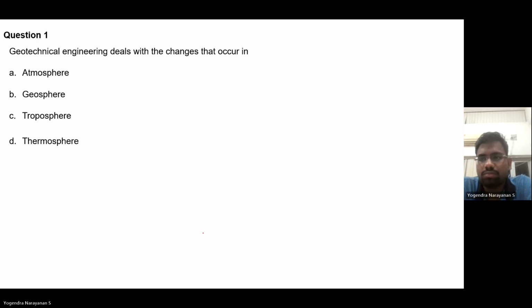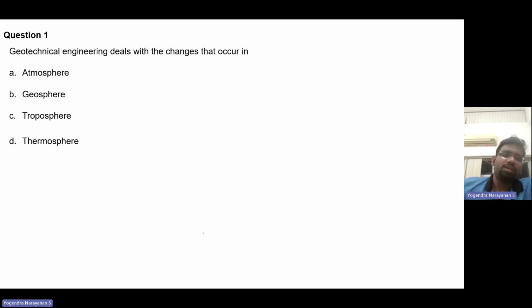So, let me repeat the question. Geotechnical engineering deals with the changes that occur in option A, atmosphere, option B, geosphere, option C, troposphere, option D, thermosphere.